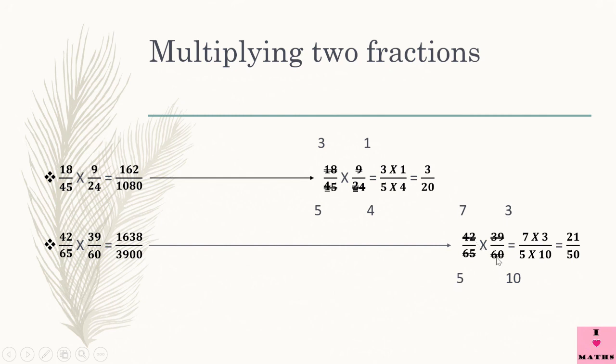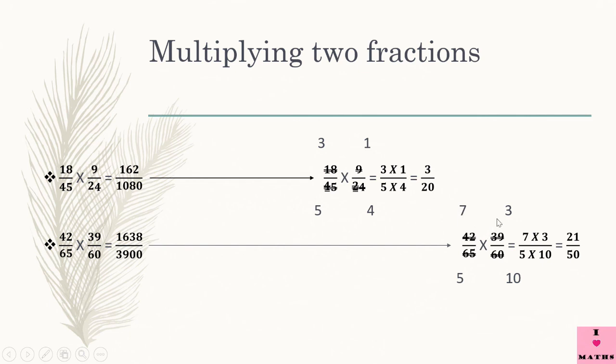Now 42 and 60, both of them come in the table of 6. 6 sevens are 42 and 6 tens are 60. So children, our original four numbers have got cut and we have got new four numbers.